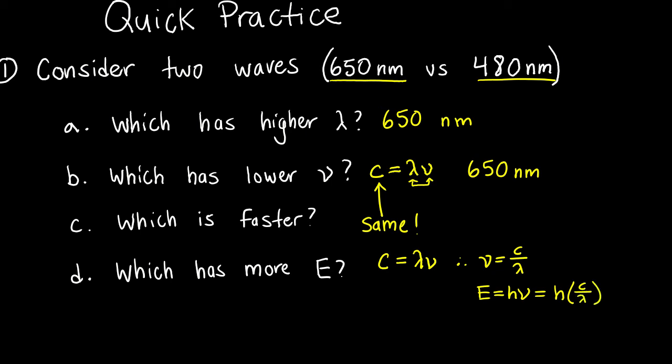Thinking about their positions, one with a higher wavelength will have a lower energy. So we're thinking about the one that has more energy, which means the answer is the one that has the smaller wavelength. Smaller wavelength, higher frequency, higher energy. And the answer to this question then is the 480 nanometer wave.